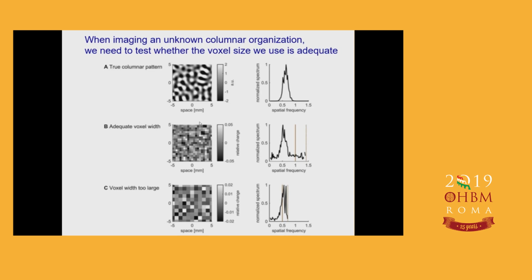Now, an adequate voxel width will still give us, in the spectrum, a contrast-to-noise ratio which is approximately a Gaussian, with no interruption. If our voxel is too large, we will get a cropped Gaussian. It will not go back to the baseline of the responses. It will be cropped, either here, for example, or here. So that's a good way to know whether we are using an adequate voxel size.